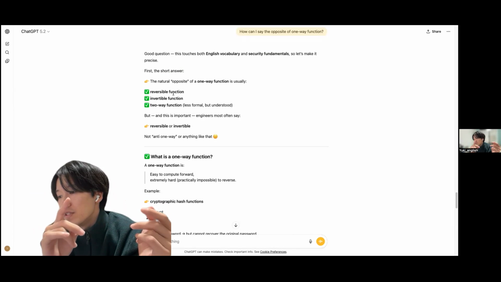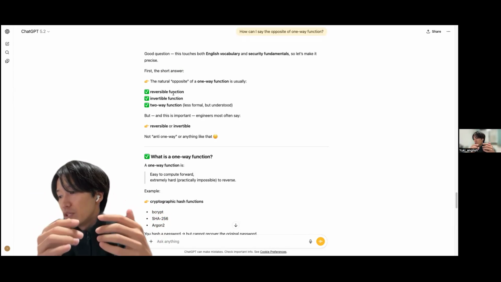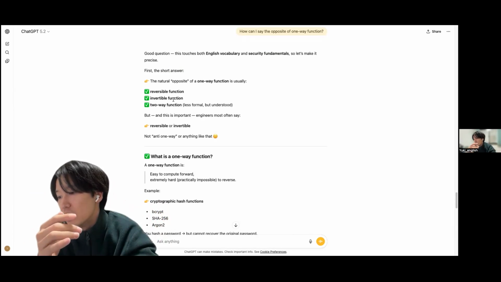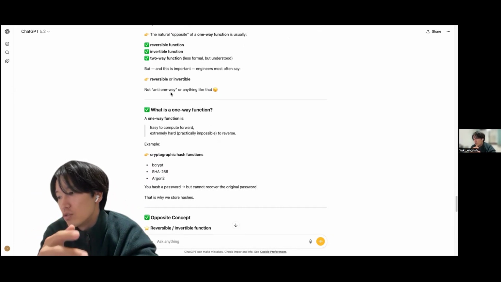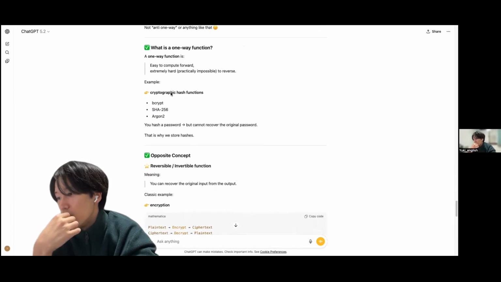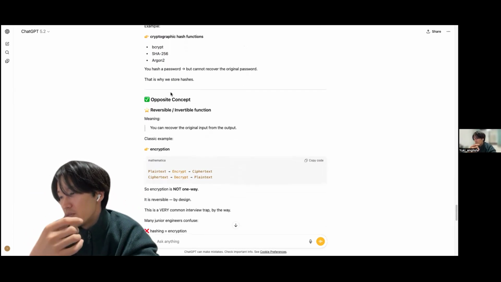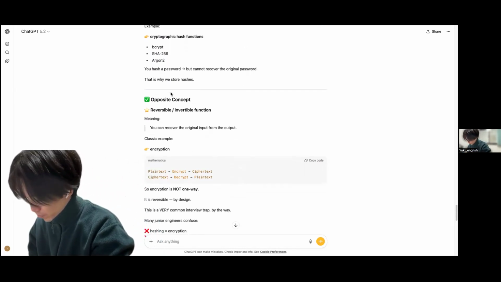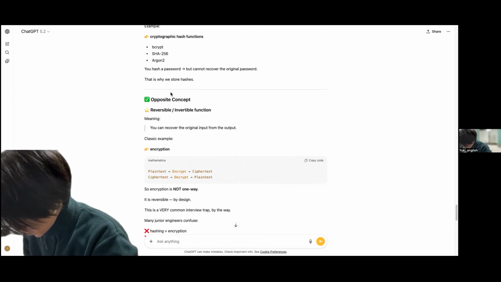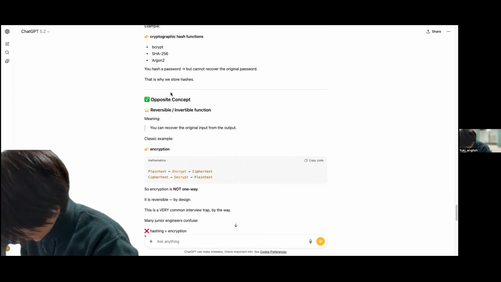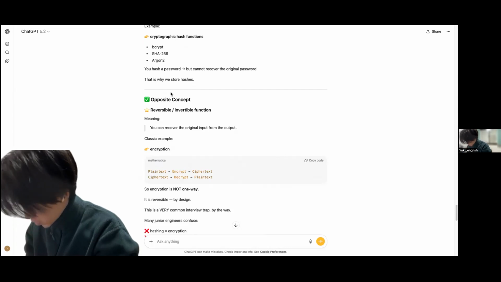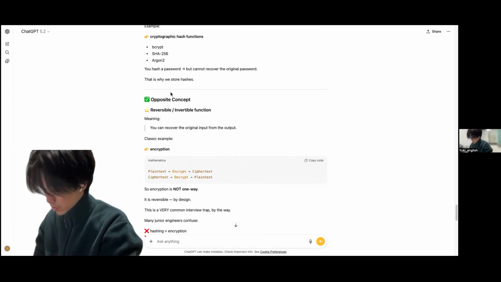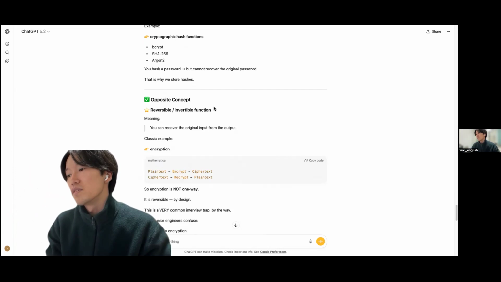One-way function is easy to compute forward, extremely hard to reverse, like a hashing function. The opposite concept is a reversible, invertible function.